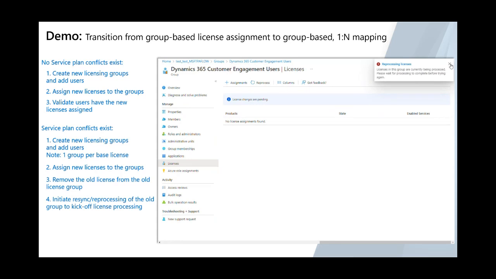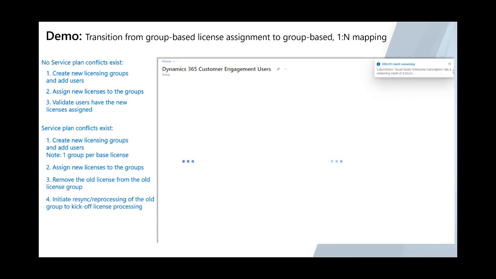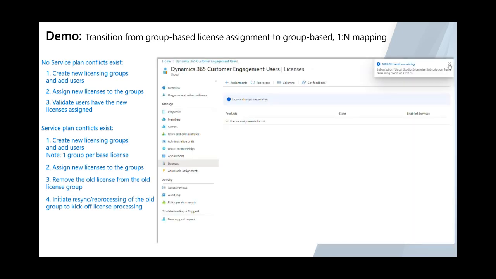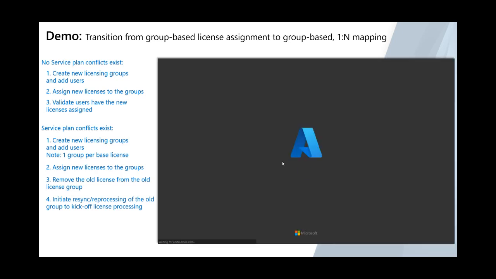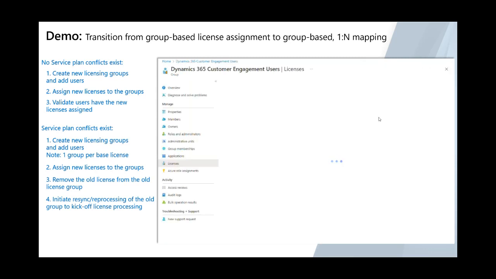And we'll let that start iterating through the members of that group so that the license can be removed and the new licenses can be applied. We're going to refresh the Azure portal, and it'll give us that final notification once these licenses have been removed from all the users.